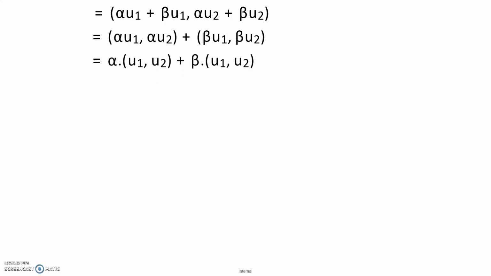Take alpha and beta as common factors, and hence it is equal to alpha into u1 comma u2 plus beta into u1 comma u2, and this value is equal to alpha into u plus beta into u.